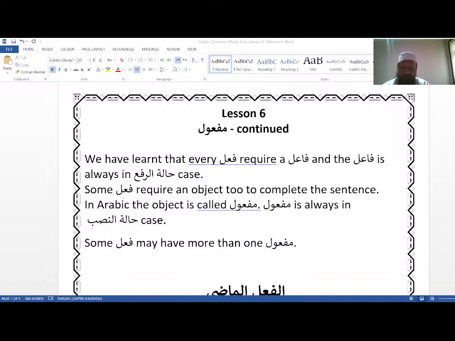For example, we'll go through those verbs again. The abada, to worship, and sha'ara, to feel. So let's take one of the verbs and conjugate. Put that فعل in every صيغة of فعل الماضي.